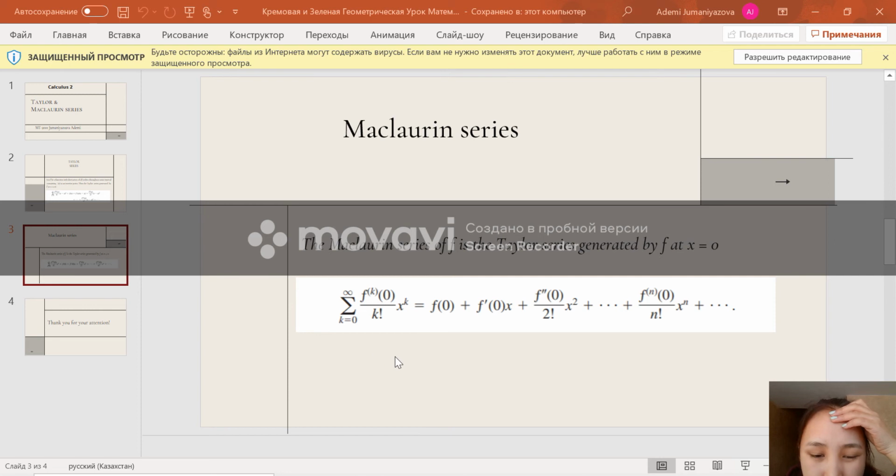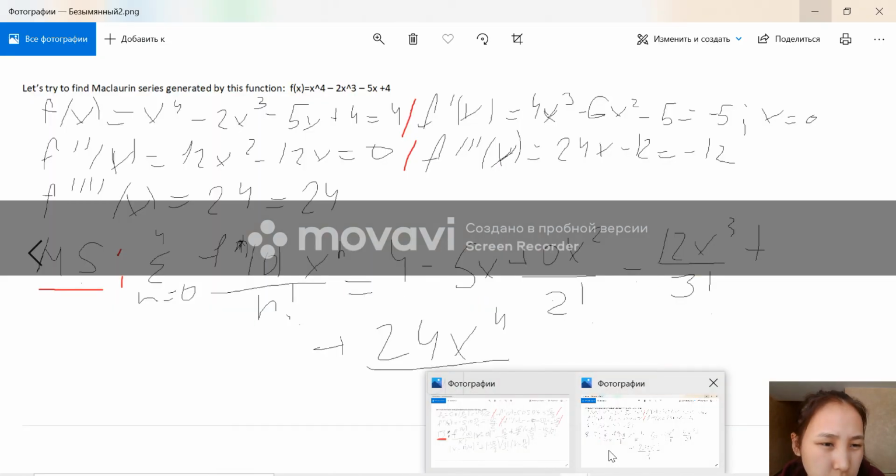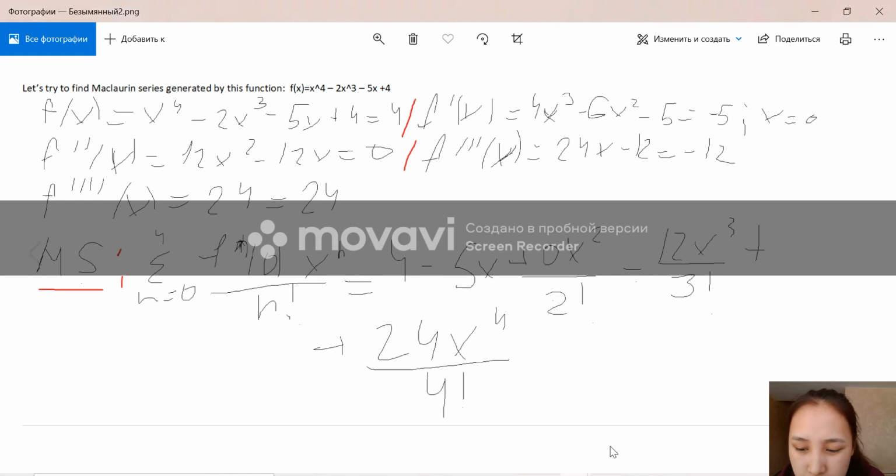The Maclaurin series formula looks like this, and we can see the interior point where x is equal to 0. Also, let's try to solve one problem for the Maclaurin series.